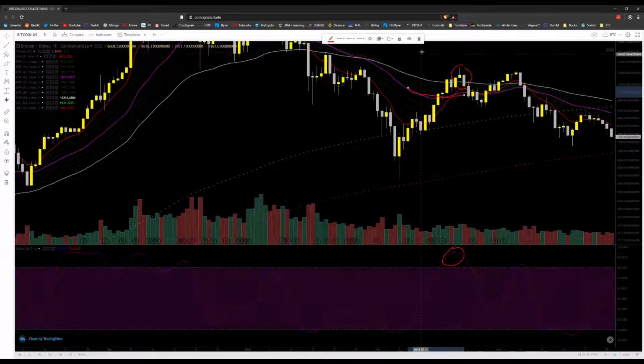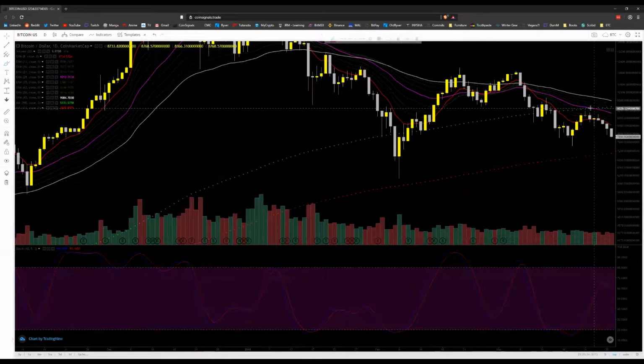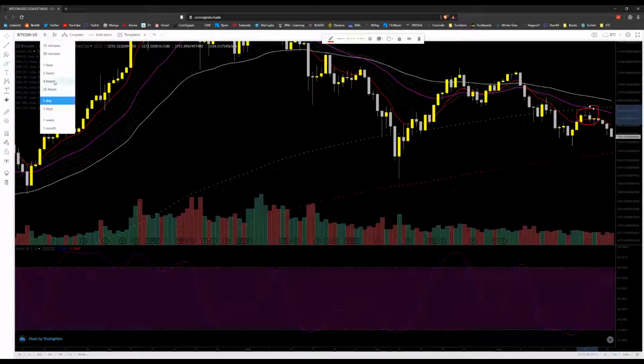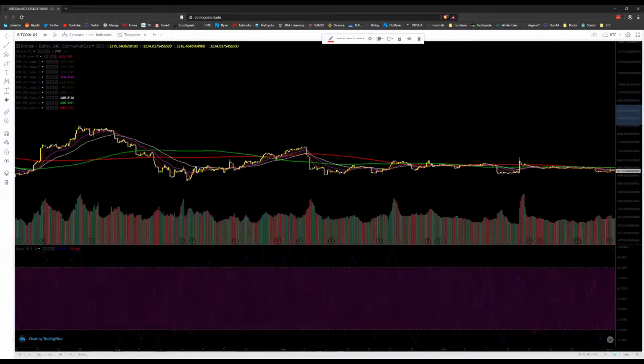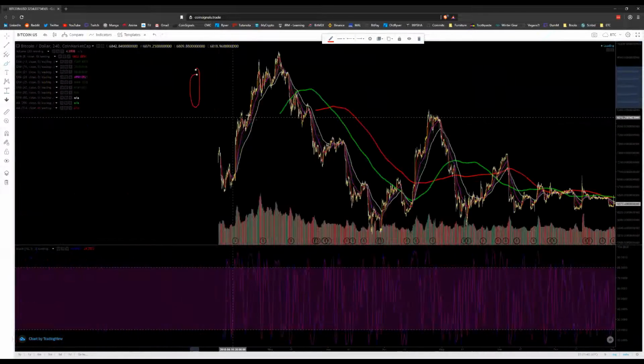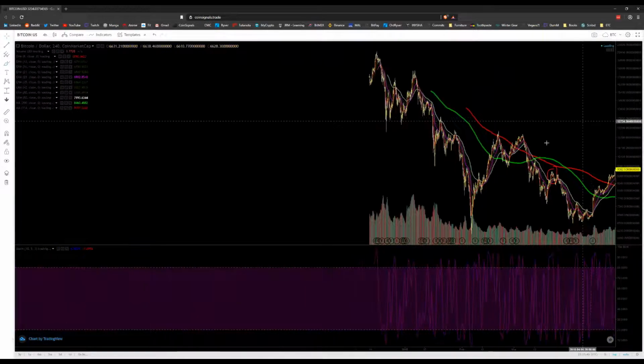That was a golden short, honestly. But sometimes it's not always going to be that way, but you still want to be able to catch these moves. So now, real quickly, we'll look at the 4 hour and we'll see if we could have caught an intermediate term cycle rolling over back then. My guess is yes, but we'll see.